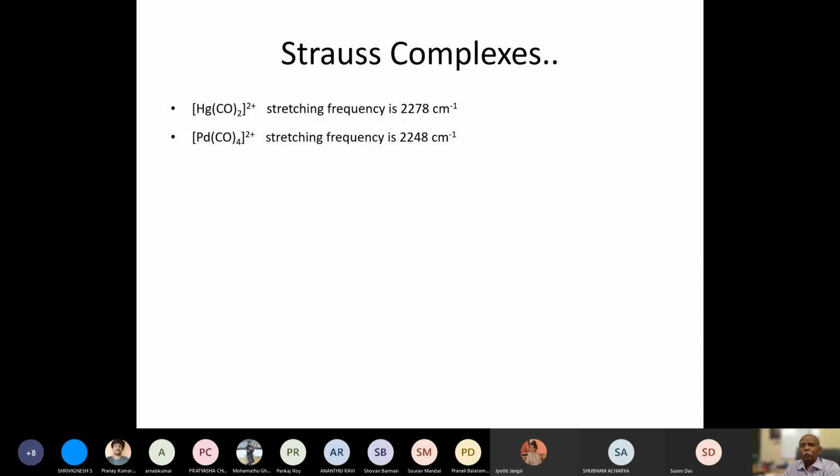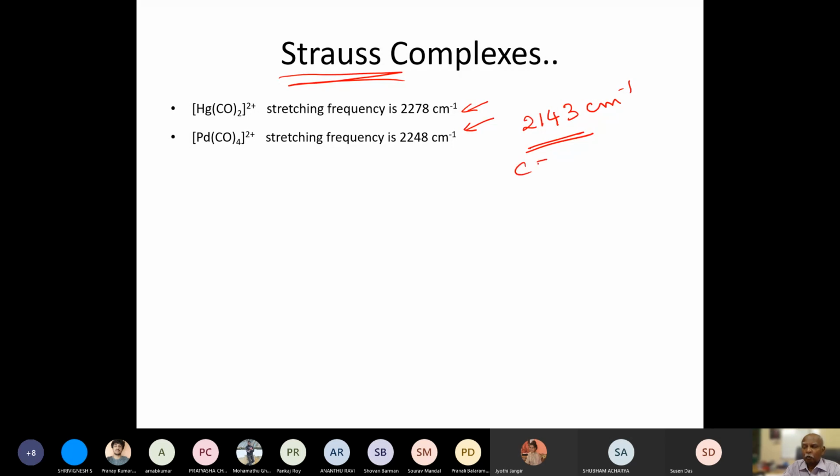In fact, it took a long time before a person called Strauss discovered several complexes which had metal 2 plus oxidation state interacting with carbon monoxide. I have shown 2 here, and these 2 systems have high stretching frequencies, more than 2143 centimeter minus 1. So you have an increase in the stretching frequency.